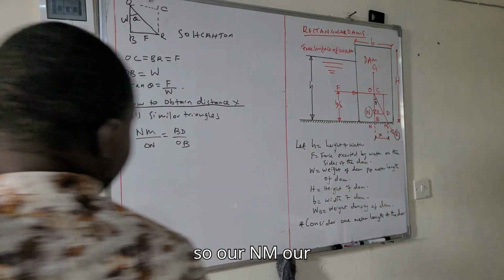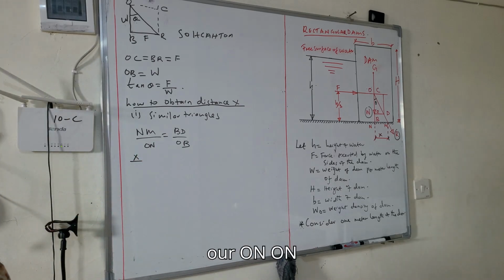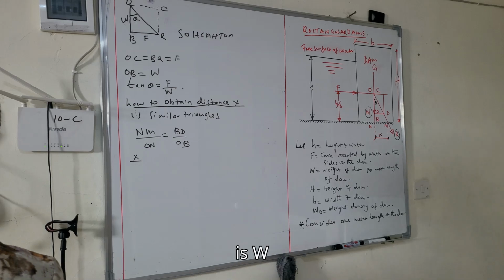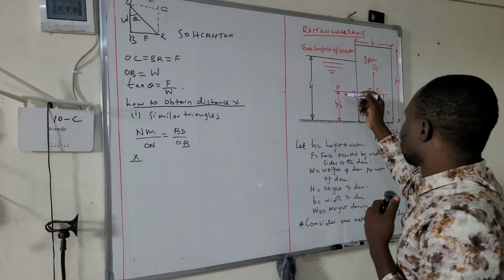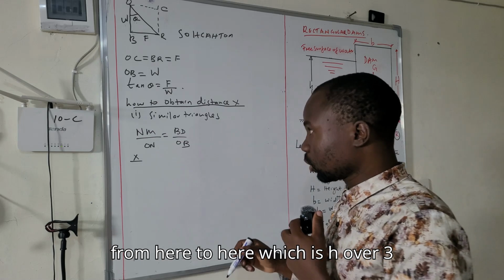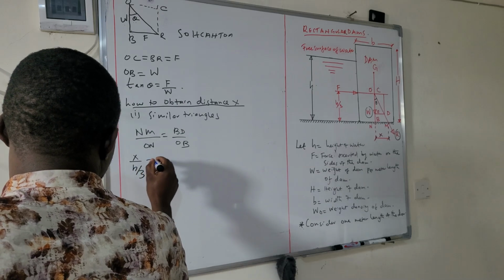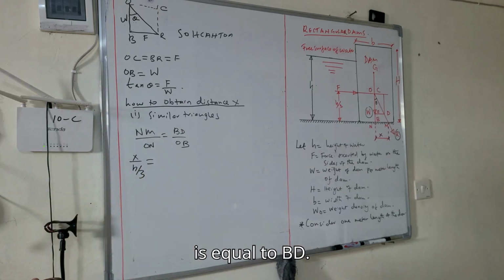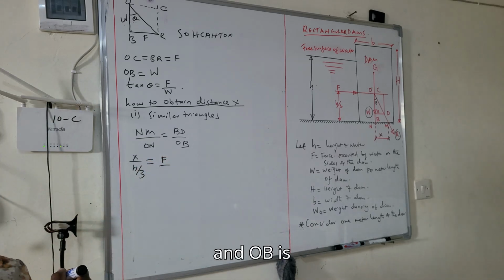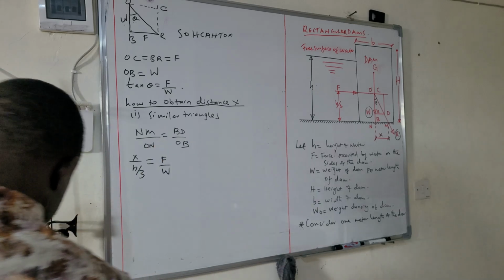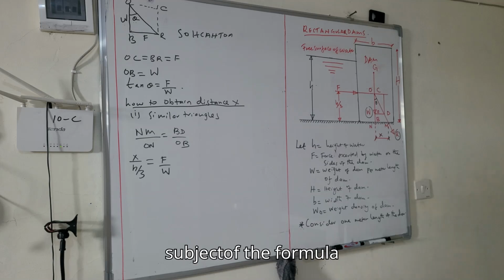So our NM is X, over our ON. ON is this distance from here to here, which is H over 3. So H over 3 is equal to BD. So BD is F and OB is W. Then we make X the subject of the formula.